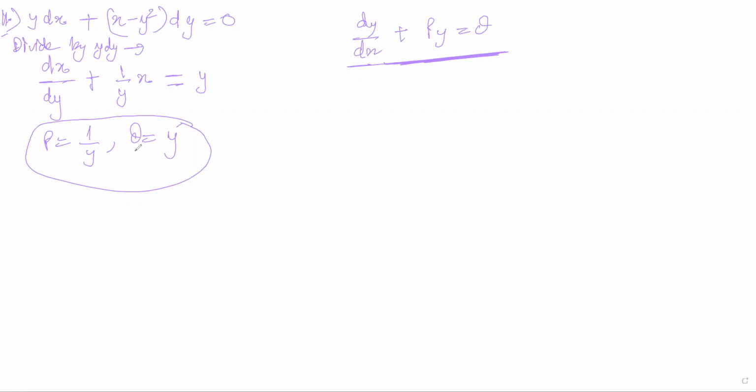So is it again variable separable? Oh yeah, definitely variable separable, because we can take all the y with dy and we can take all the x with dx. Okay.